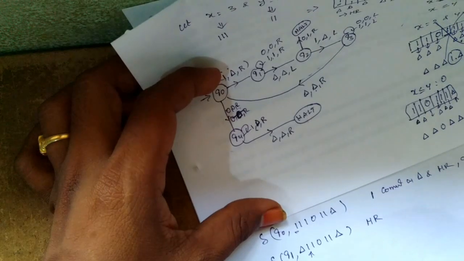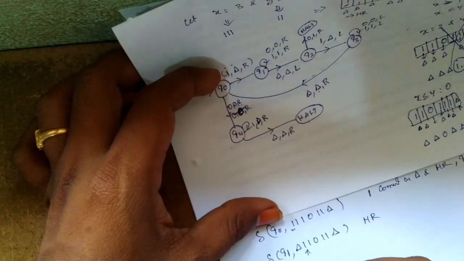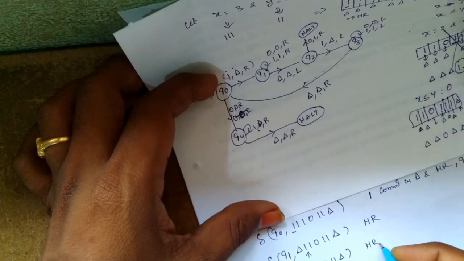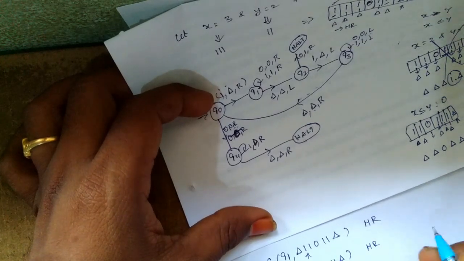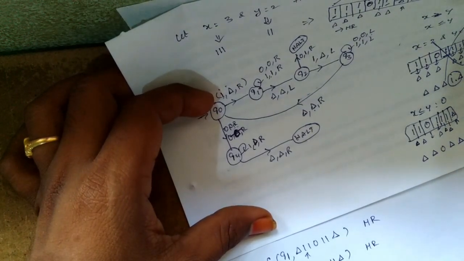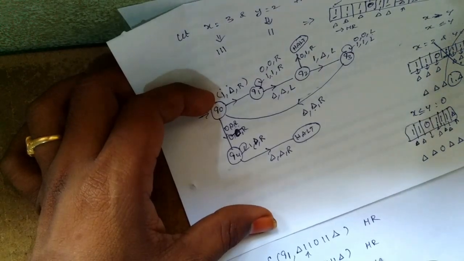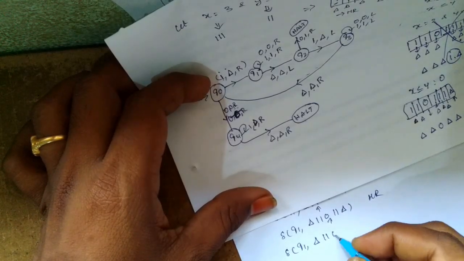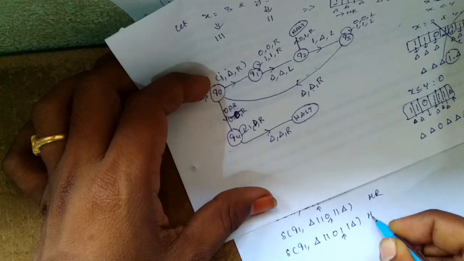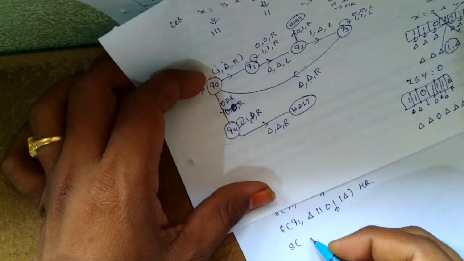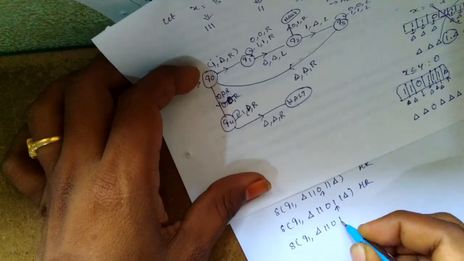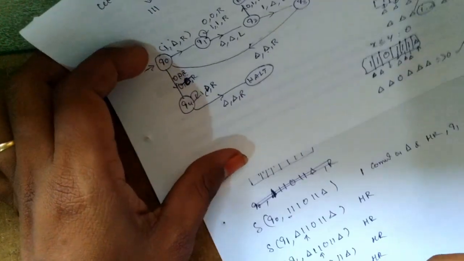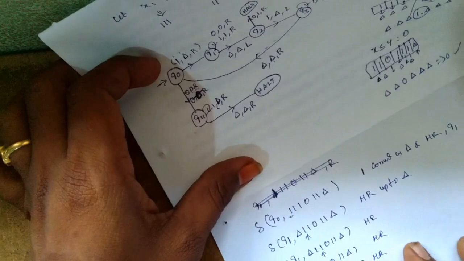So Q1 comma del 1 1 0 1 1 del. Here also we move right, and we keep moving right until del.